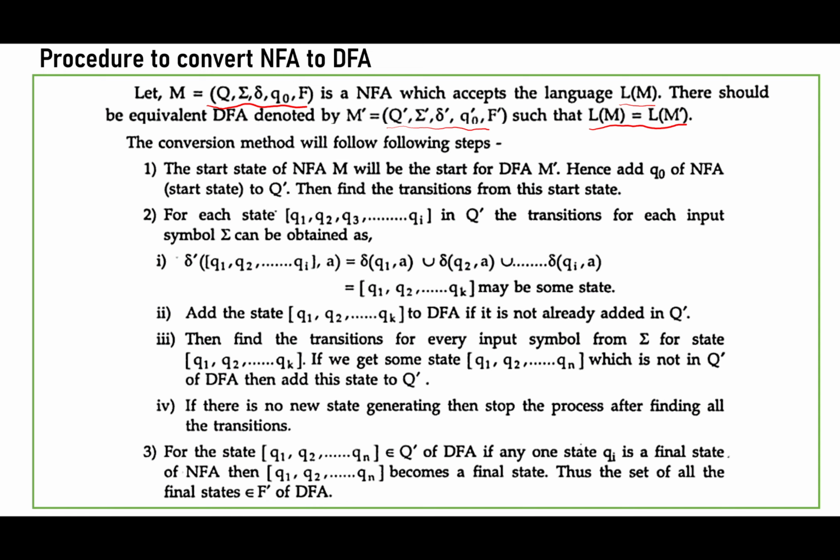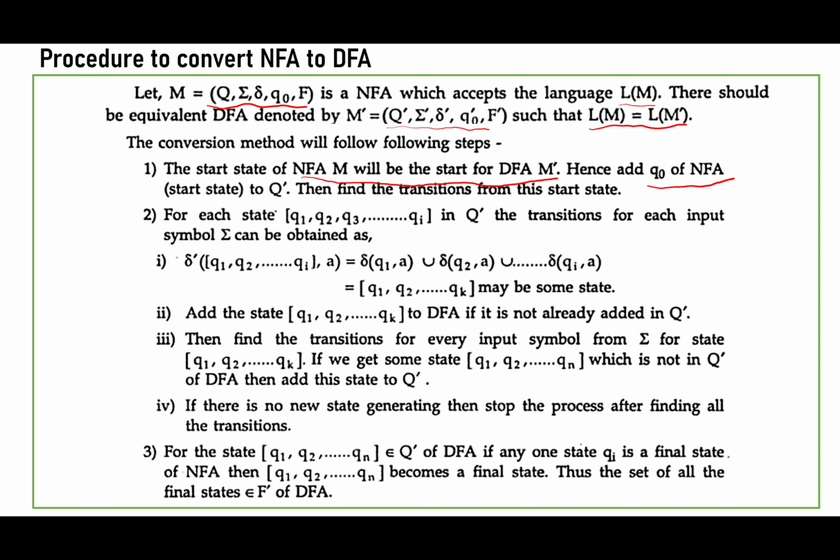The first step is that the NFA contains an initial state, and that initial state is considered as the initial state for the DFA. So the start state of NFA M will be the start state of the DFA M dash. Hence q0 of the NFA is the start state of Q dash.